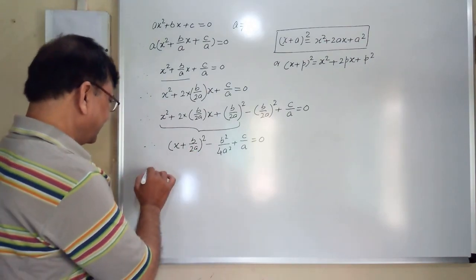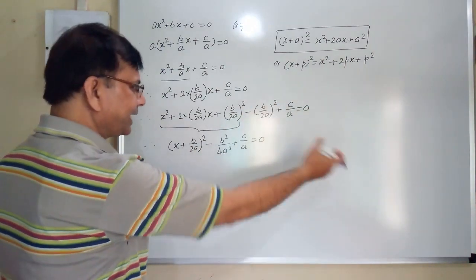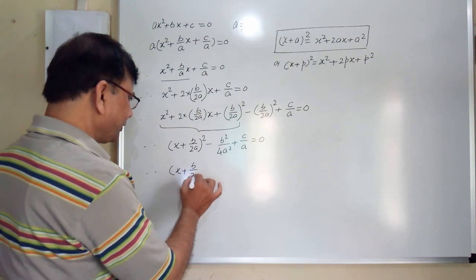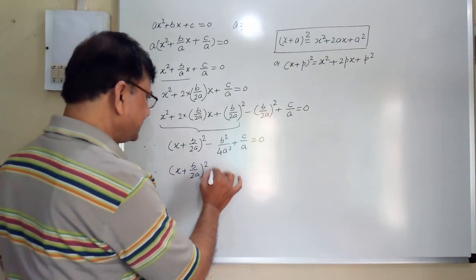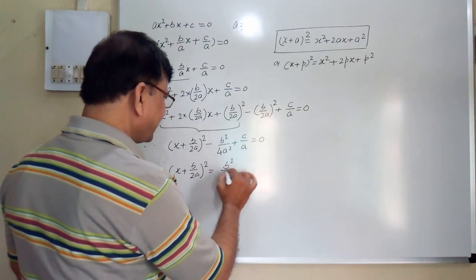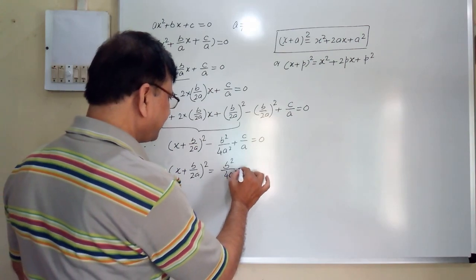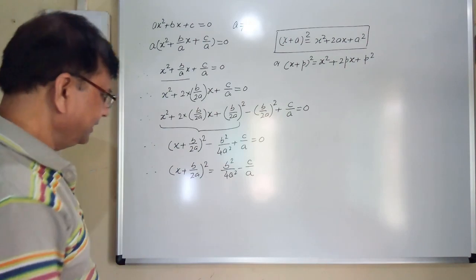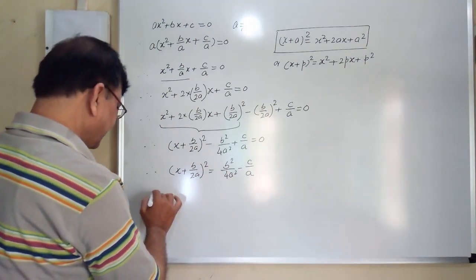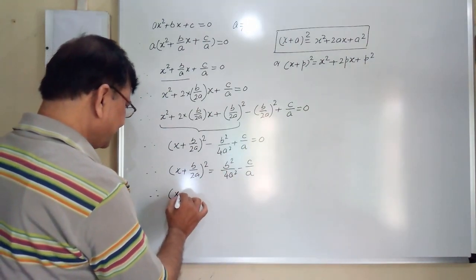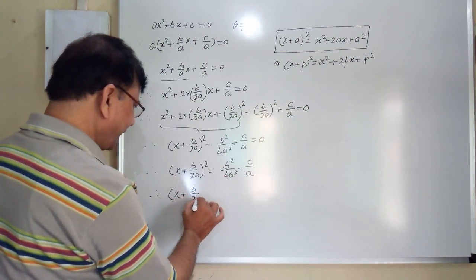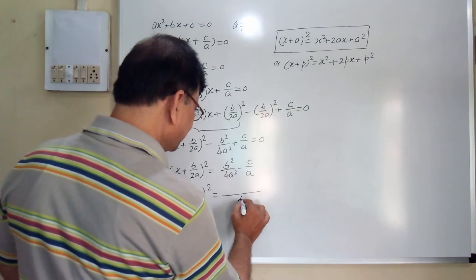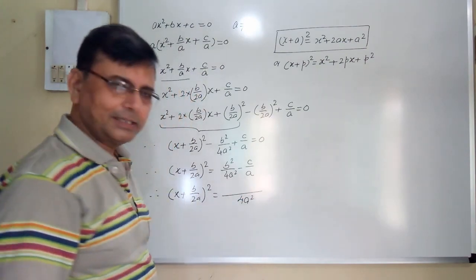Further, I will transfer these quantities to the right hand side. You will get x plus b upon 2a whole square is equal to b square upon 4a square minus c by a. Right? You will simplify this. Therefore, this can be written as x plus b upon 2a whole square is equal to the LCM, which is 4a square.